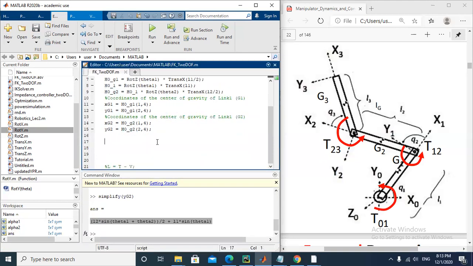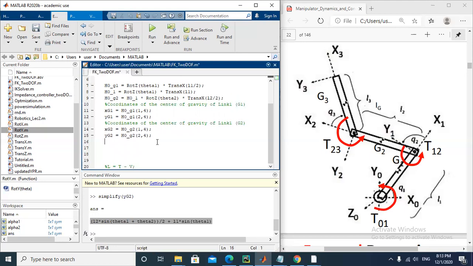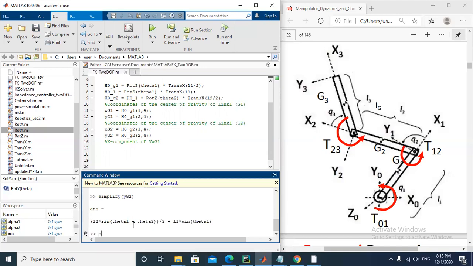Now let's go ahead and obtain the velocities. So the x component of point g1. If I'm trying to find the x component of the velocity of point g1, I have to apply the chain rule.